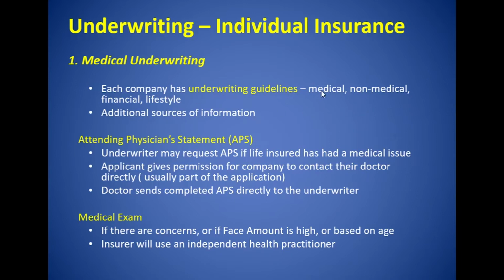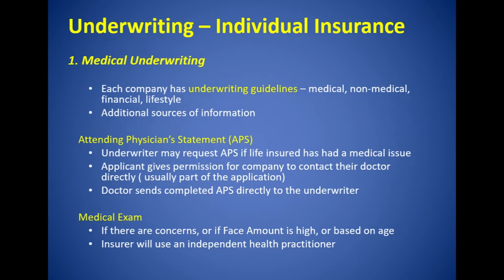So we have these underwriting requirements: medical information, financial information, lifestyle information. All that is provided, but there are some additional sources of information that the underwriter can access if they find something in the application that causes them to question something.